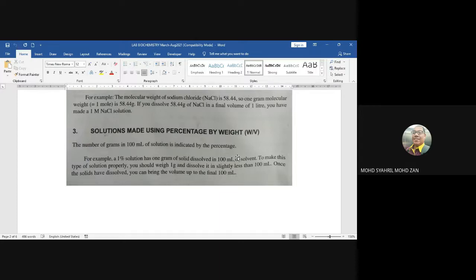Macam mana kita dapatkan 1% tu? To make this type of solution properly, you should weigh 1 gram and dissolve it in slightly less than 100 ml. Once the solids are dissolved, you can bring up the final volume to 100 ml.